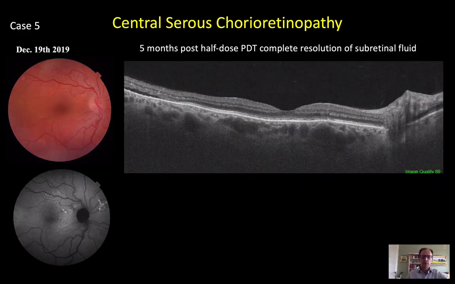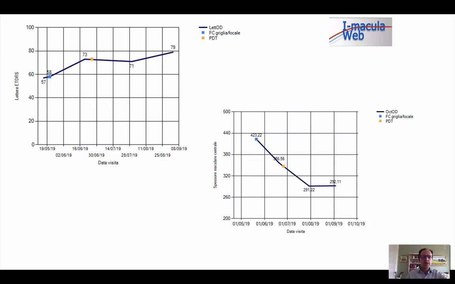And the resolution of subretinal fluid was well maintained also after 5 months, although there was a very small subretinal detachment by fluid, very eccentric to the macula, very far from the macula. And this is the visual acuity: 57 letters before treatment, 73 letters after photocoagulation, and 79 letters after PDT.